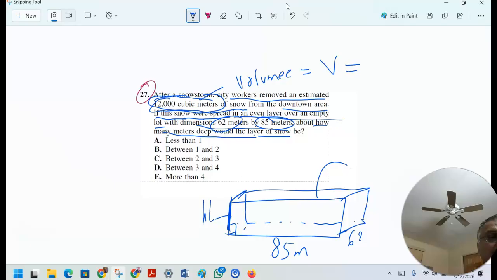So the length, width, and the height. This is the length, this is the width. So it's 85 times 62 times the height that we need to figure out, so that so much snow fits in the box. So that will be equal to 12,000.